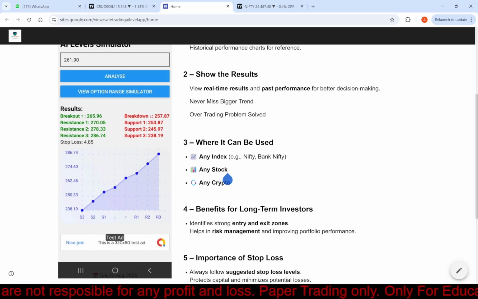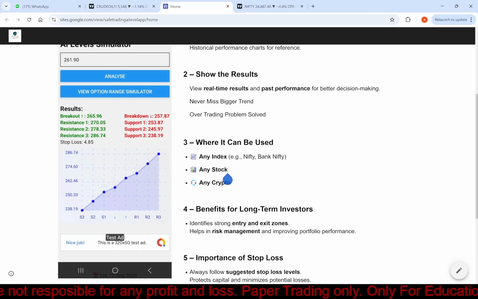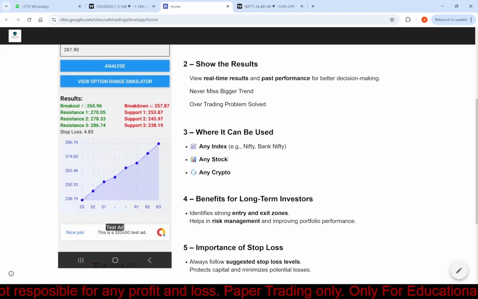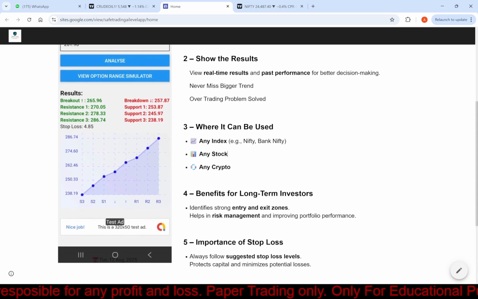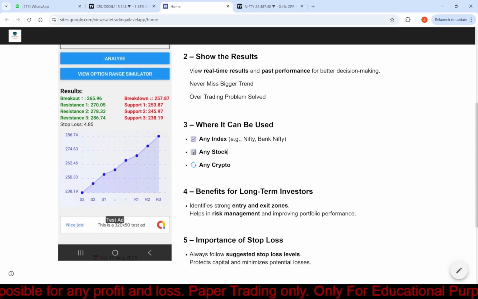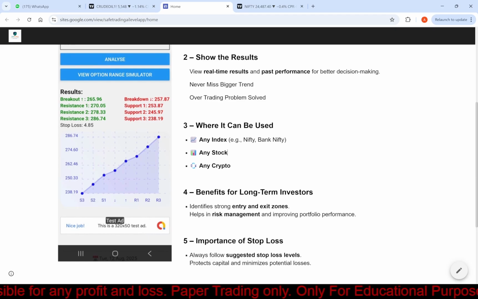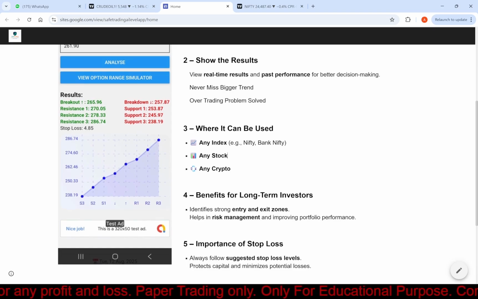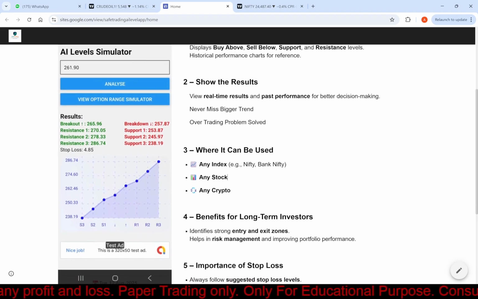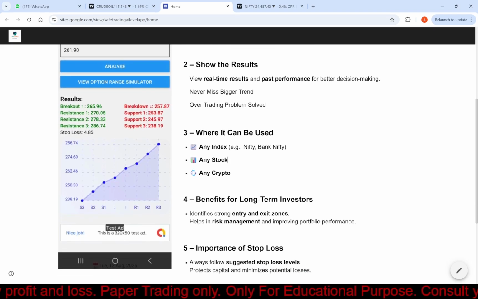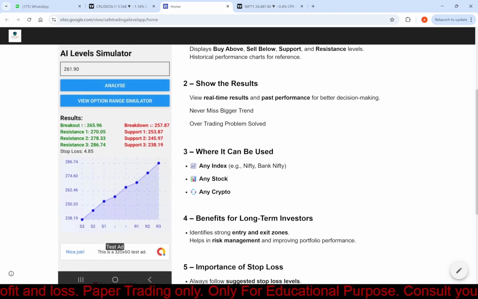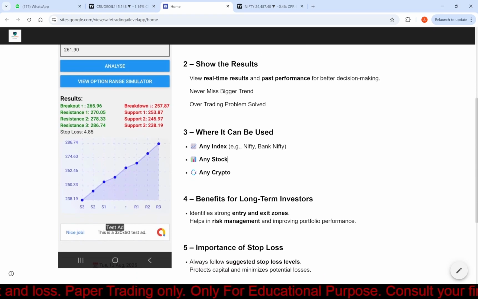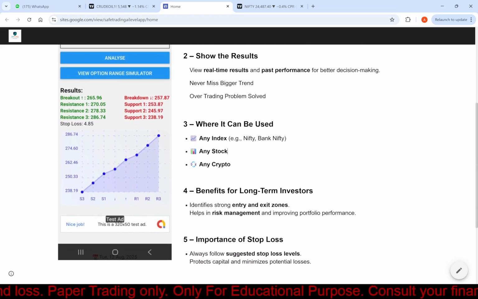So this is the way it is also going to help long-term investors. You can easily do portfolio management by following the levels, and you can also do risk management. And as I mentioned, no system is perfect here, right? But the probability of winning is almost more than 80%, but the stop loss is a must, right?